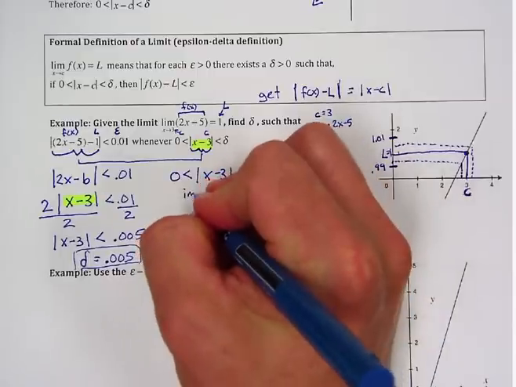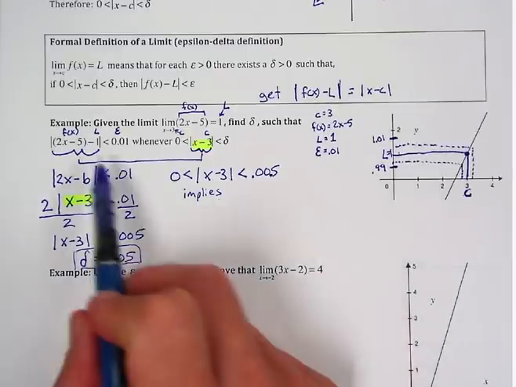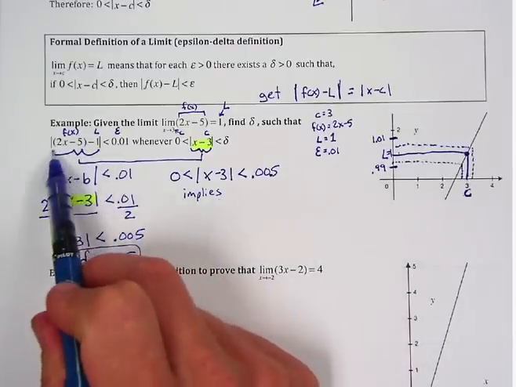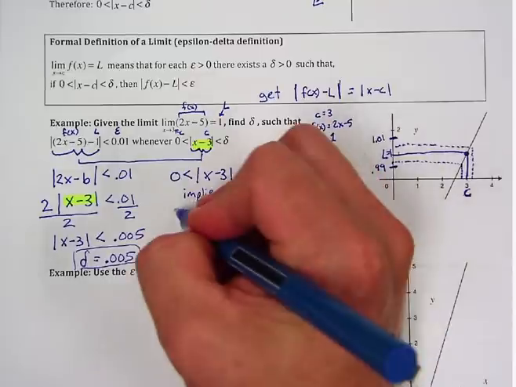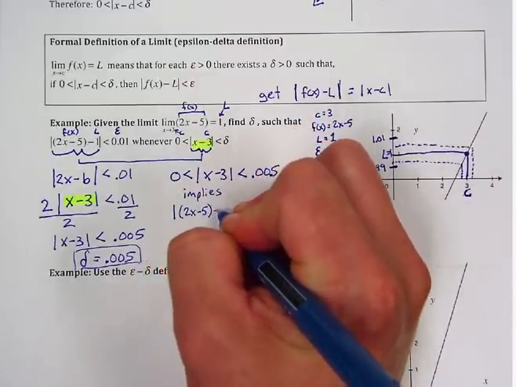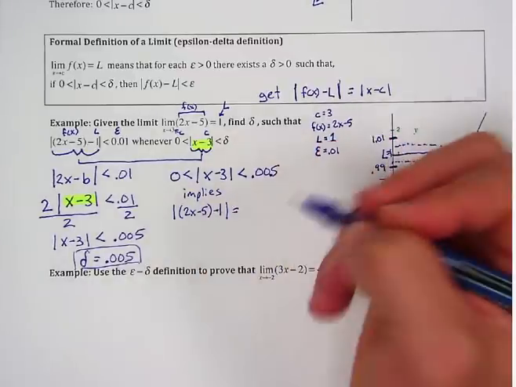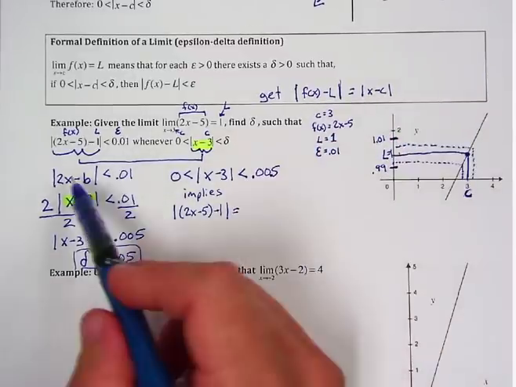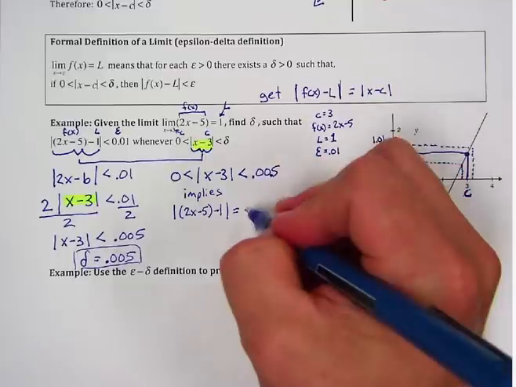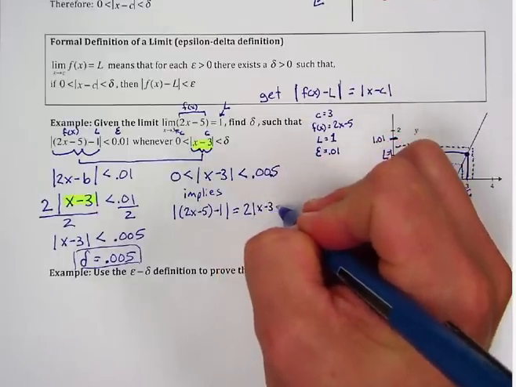Now this implies, and this is going to feel where we're just going backwards. We're almost restating exactly the same thing. So this implies, and we're going to rewrite this part, f of x minus L, so 2x minus 5 minus 1, and then we're going to equate it to, well, everything that we did over here. So it's 2 times the absolute value of x minus 3.